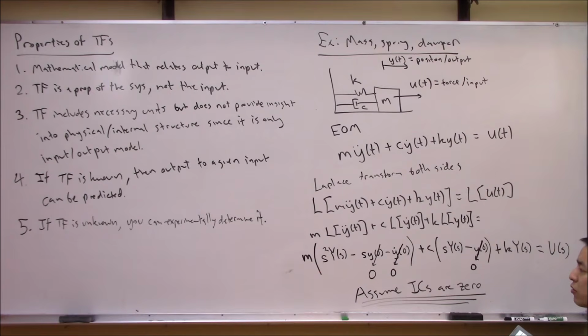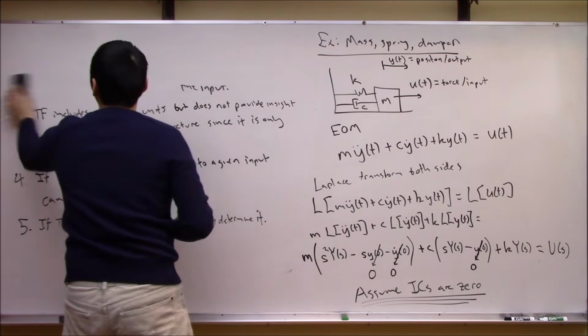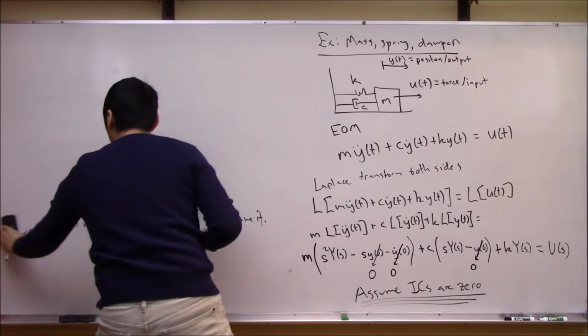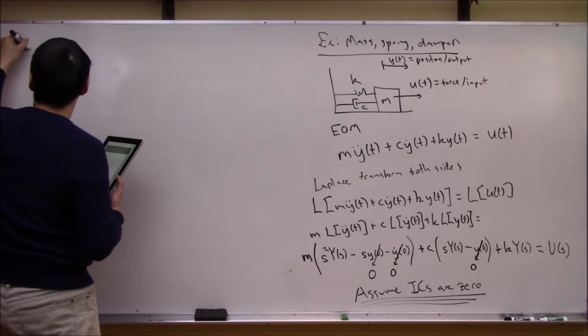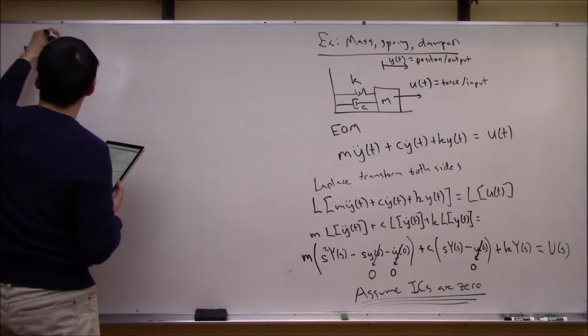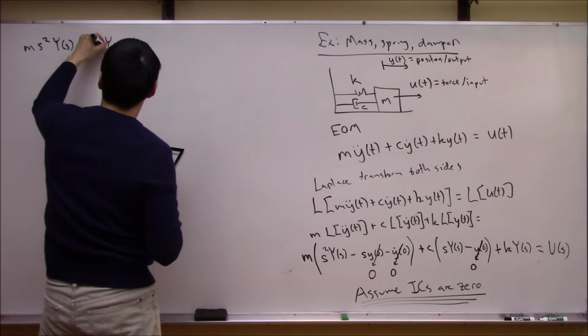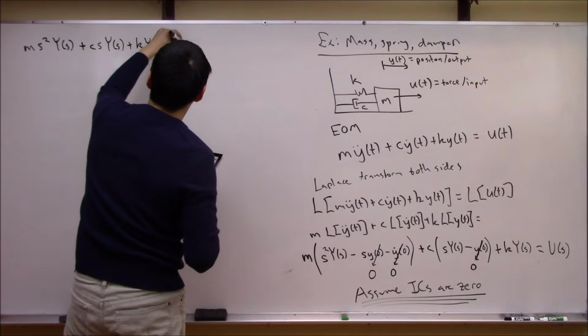We're making an approximation. Now if we do make this assumption, what does our equation come out to be? It comes out to be this nice form where you can solve for that ratio of y of s over u of s. It's ms squared y of s plus csy of s plus ky of s is equal to u of s.